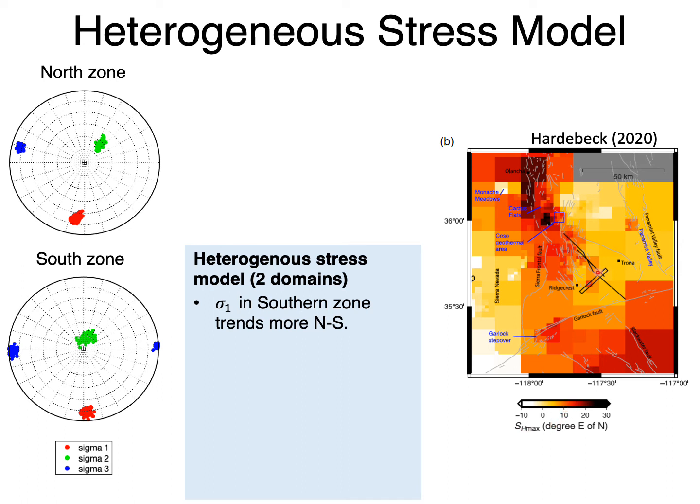And then further towards the south and the foreshock region, the maximum compressive stress rotates to be in a more north-south direction, which is consistent with what we find here. So it seems that the co-seismic stress orientations we find here are generally consistent with what is found in the interseismic stress state.